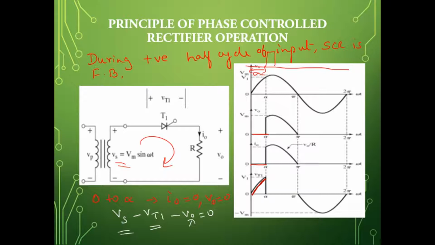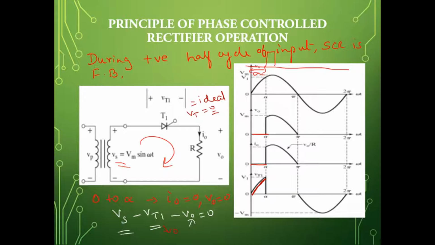So when it starts conducting, the current flows through the load. So now, assuming the thyristor to be ideal, if it is ideal, voltage drop across it is 0. Then what is V naught equal to? V naught will be equal to Vs, that is the supply.